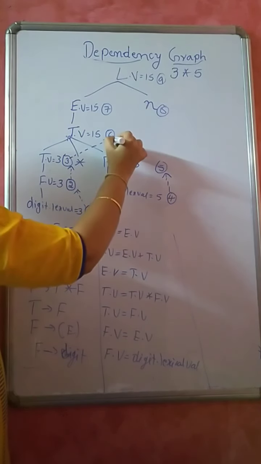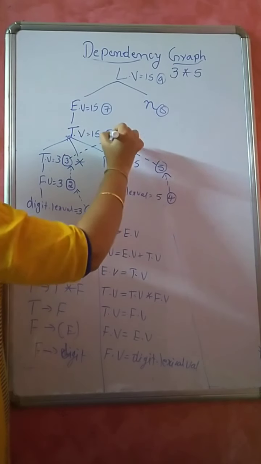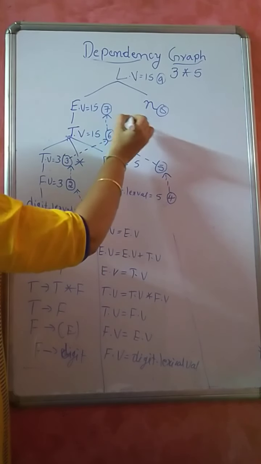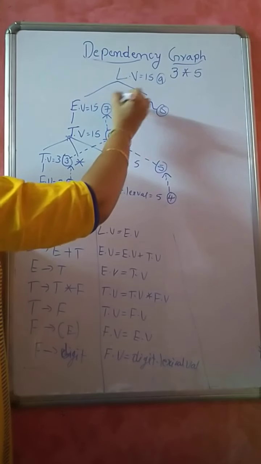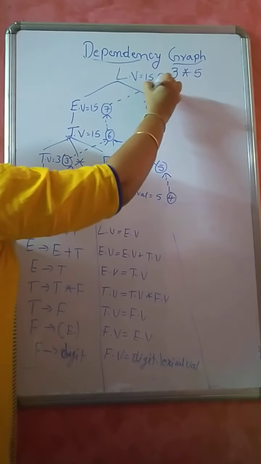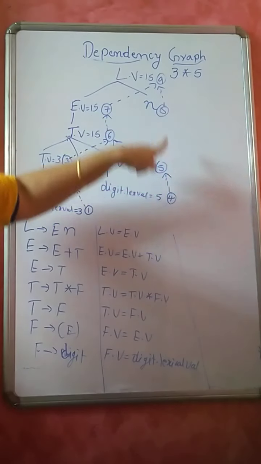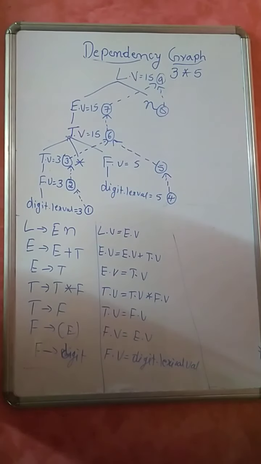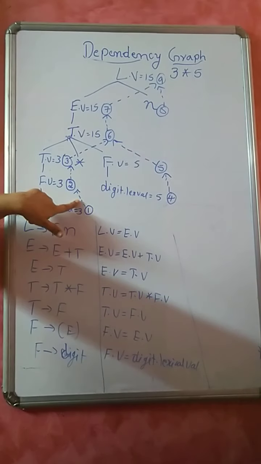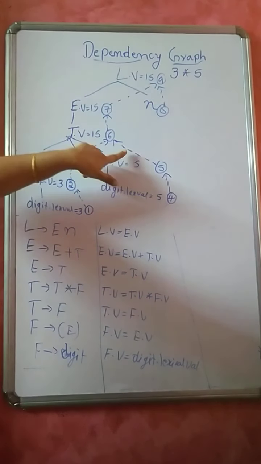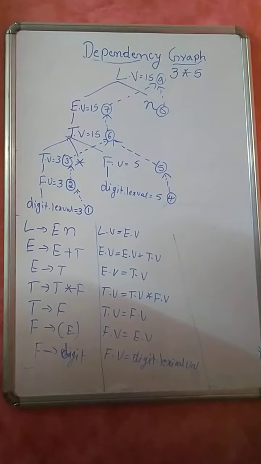This depends on the value of this and this. This depends on the value of this, and this depends on the value of this and this. So whatever I have written in a dotted line, that is a dependency graph. Got it?